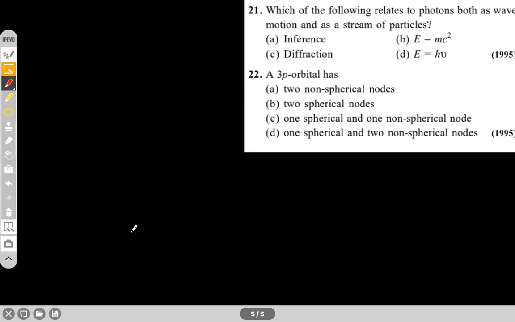Which one of the following relates to the photon as wave motion and a stream of particles? Okay, as wave motion and stream of particles. This is the dual nature, correct? Yes.